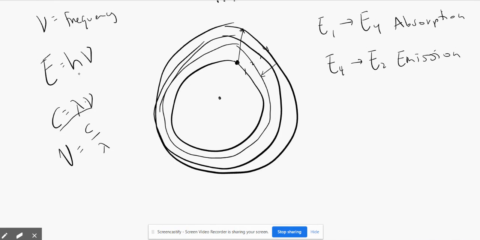So if I was worrying about this wavelength here, since it's equal to lambda, I can just plug it right in there and get rid of that, and I will have the energy is equal to h times c over my lambda. So I can relate the wavelength to the energy, and you can see it has an opposite relationship. As the wavelength increases, the energy is going to actually go down because you're dividing by a bigger number here.